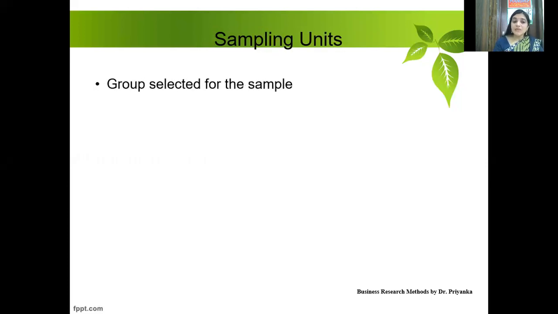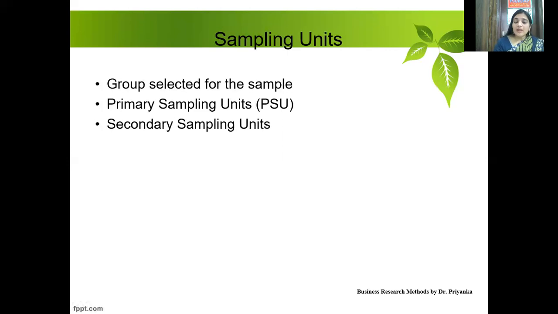Sample units: the group selected from the people for the sample is your sample unit. How would you decide them? On the basis of a few available techniques. Then you will decide the primary sampling units, the secondary sampling units, and then the tertiary sampling units. What do you mean by primary, secondary and tertiary sampling units here?